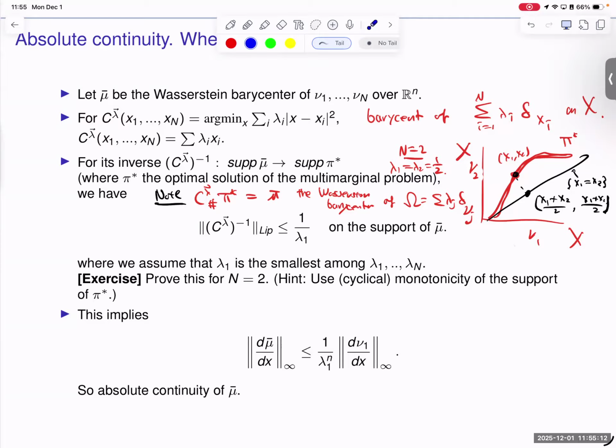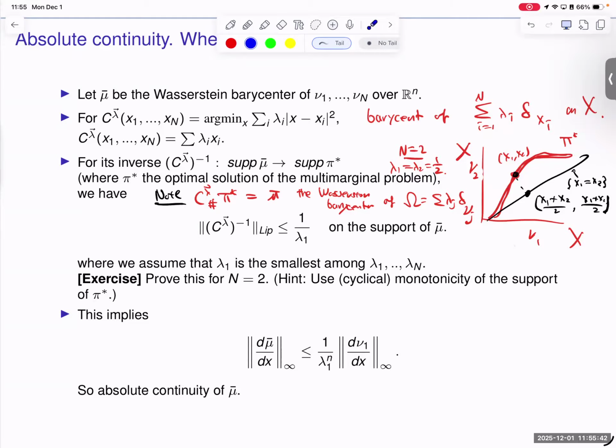So just to rephrase myself, you have this projection from, let's say, R2 to R. Of course, that is not injective by itself, because it's just a projection. But if you restrict that projection on the support of this pi star, the multi-marginal optimal transport plan, then that projection is 1-to-1.